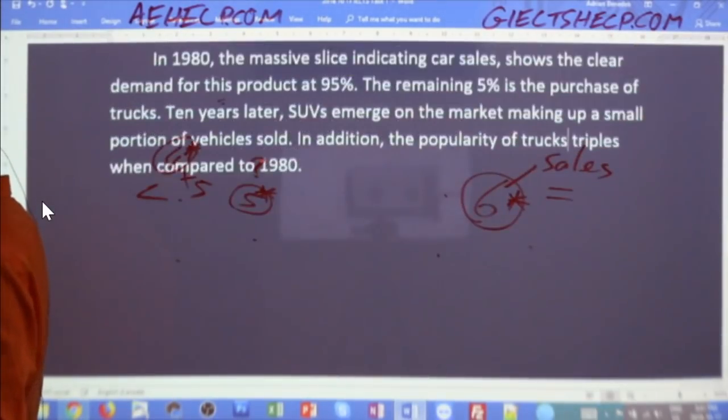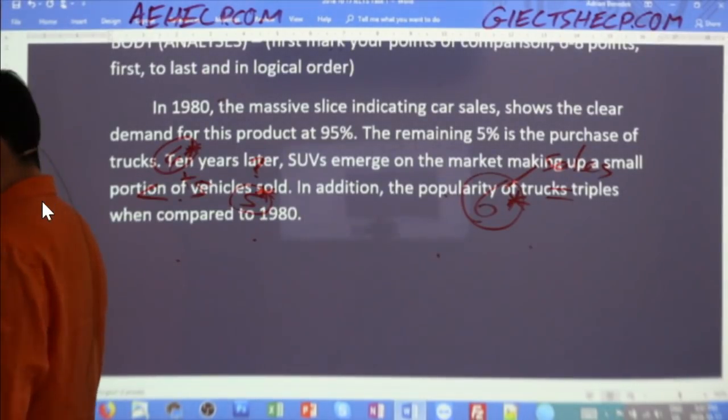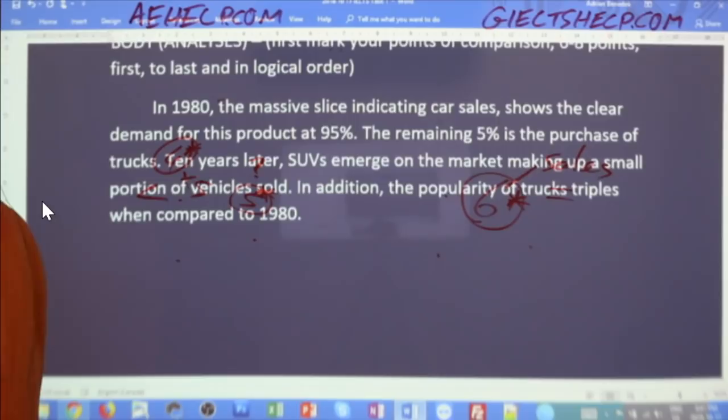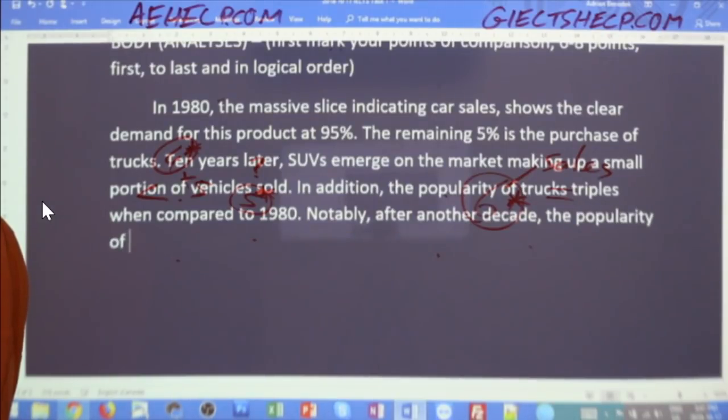So here, SUVs gaining that additional 24% of the market. Notably, after another decade, the popularity of SUVs is quite evident.